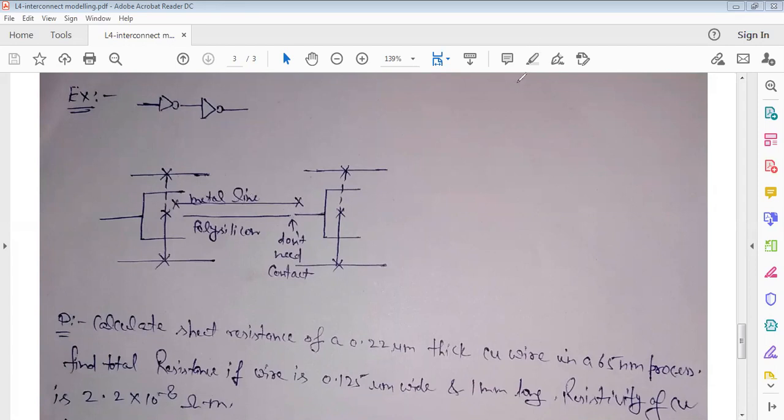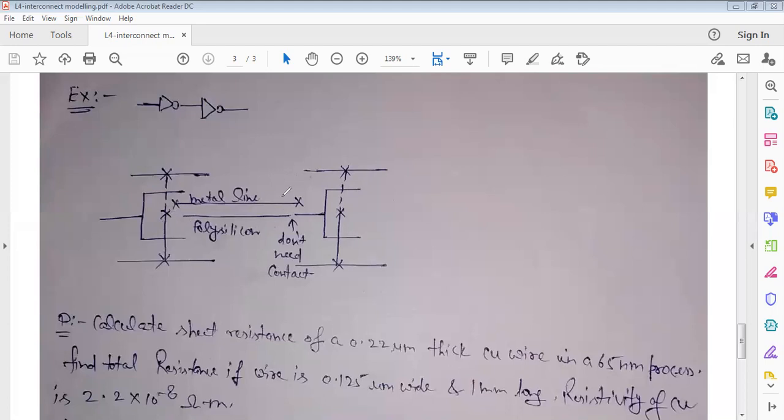If you use a polysilicon line, then you don't need a contact at this point, because this line is already a polysilicon line. Now there will only be one interconnection, that is this.